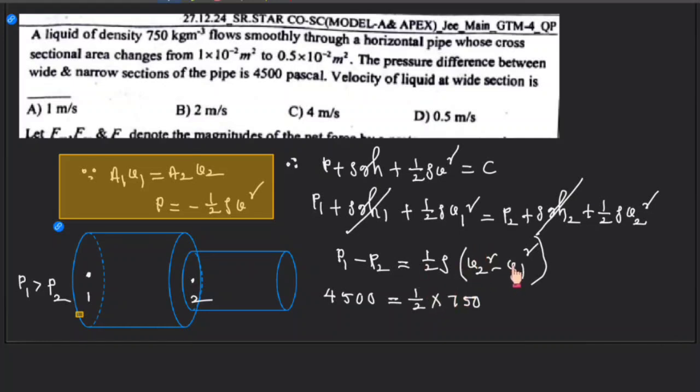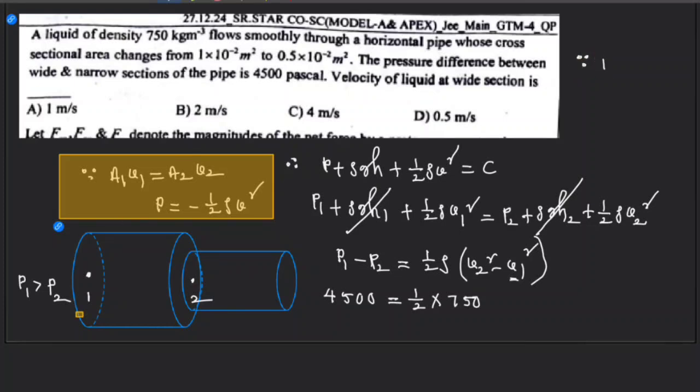What you have to calculate is the velocity of the liquid at the wide section. You have to find this V1. In order to find V1, you have to substitute a value here. What is A1 here? 10 power minus 2.